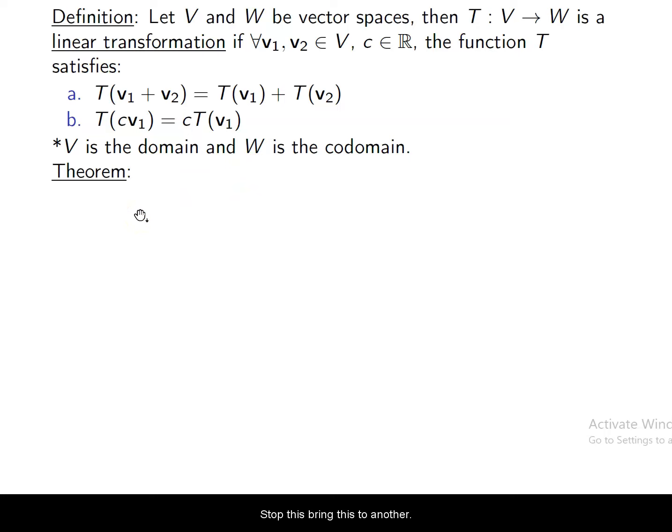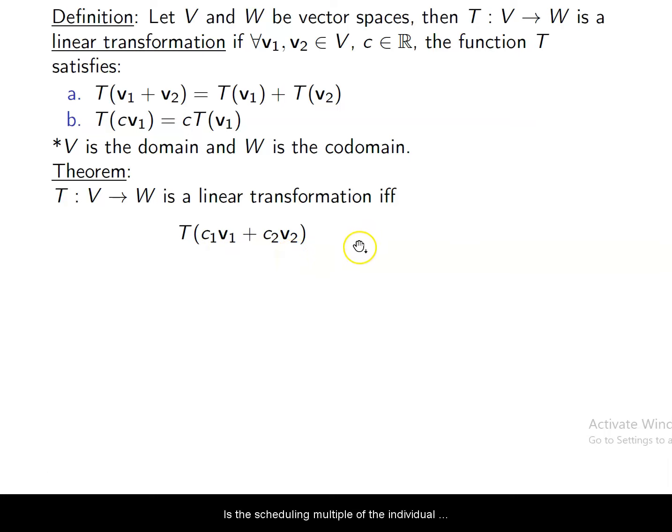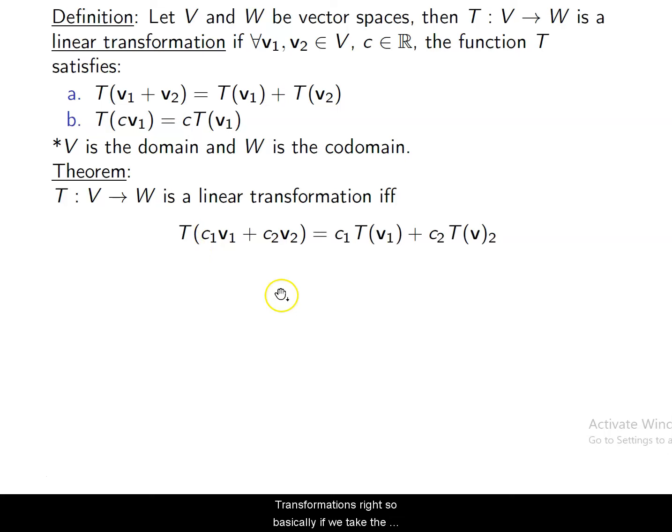So let's bring this to another theorem. T from V to W is a linear transformation if and only if the transformation of a scalar multiple of a vector plus a scalar multiple of another vector is the scalar multiple of the individual transformations, right? So basically, if we take the transformation of a linear combination, we can just apply both of these properties at once, right?